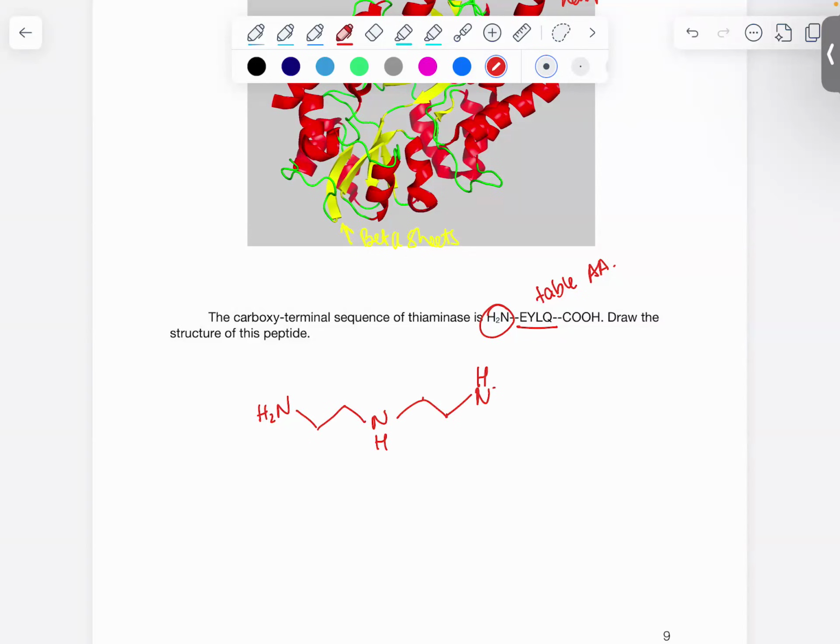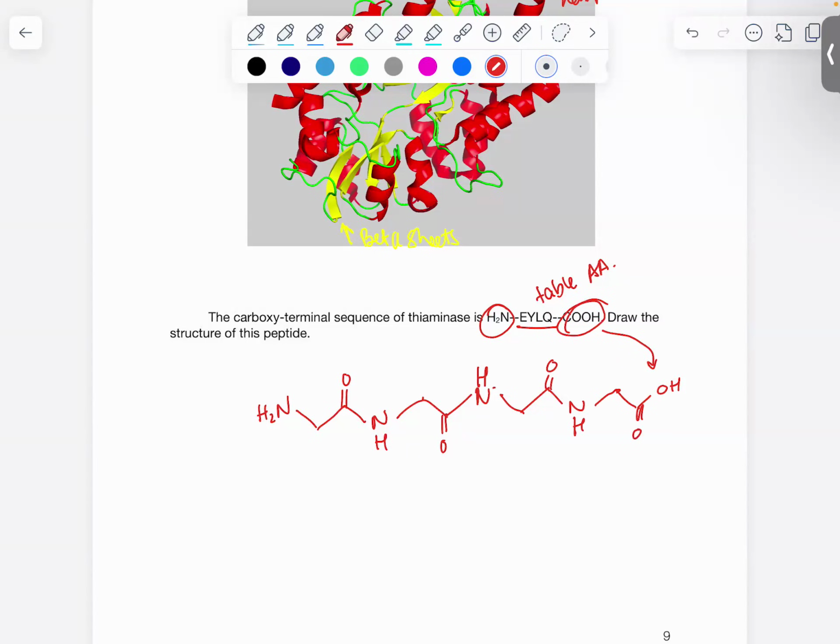So I will put my carboxy groups in to help me keep track of how many amino acids I have drawn. And then our last one will end in the carboxylic acid.